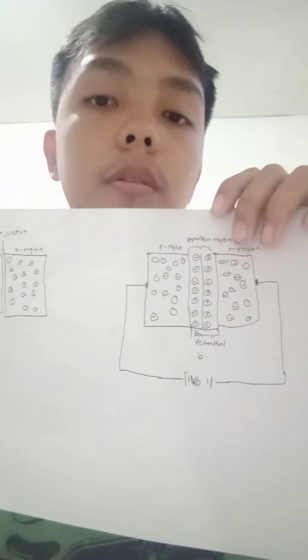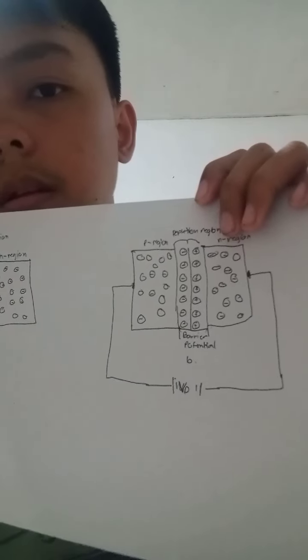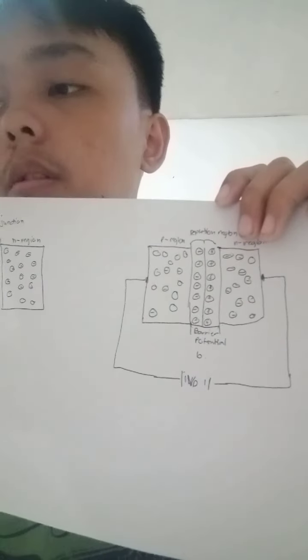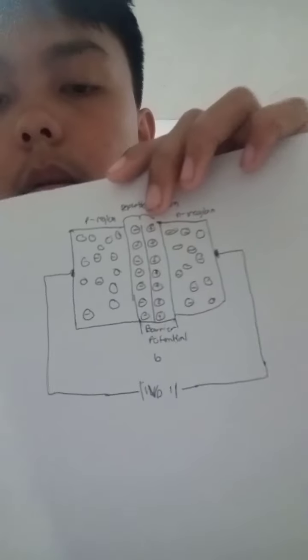In no bias situation, no external voltage is applied. So the absence of voltage across the resistor results in zero current.